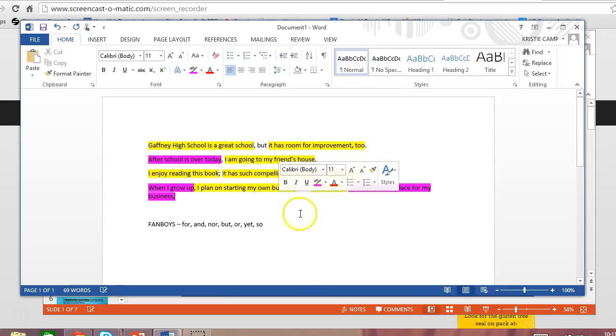It has a subject and a verb, but it cannot stand alone because of if. But is my coordinating conjunction. So I join the two complete sentences with a comma and a coordinating conjunction. This is a compound complex sentence because it has dependent clauses and independent clauses, more than one of each.